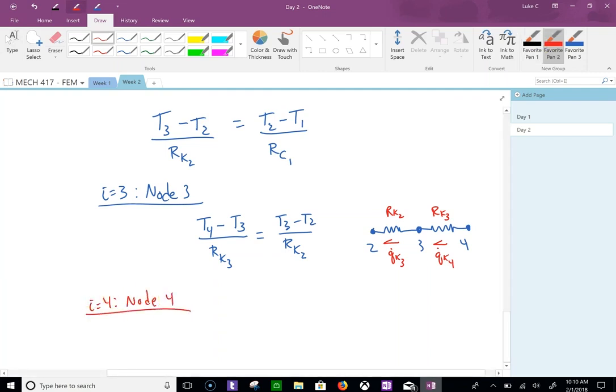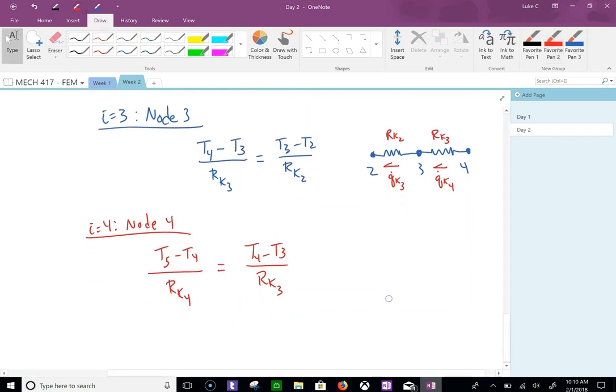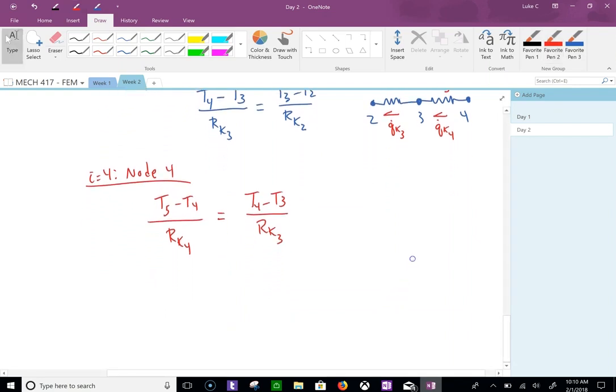Similarly, node 4. And I'll write the last two, so you have it complete.